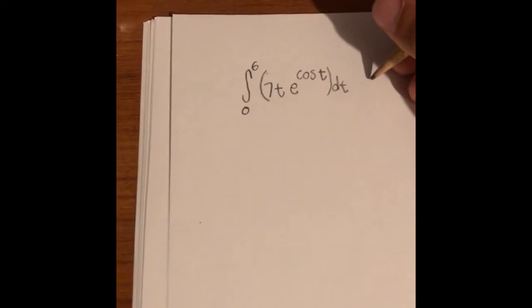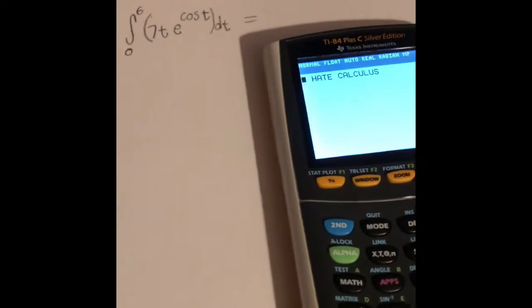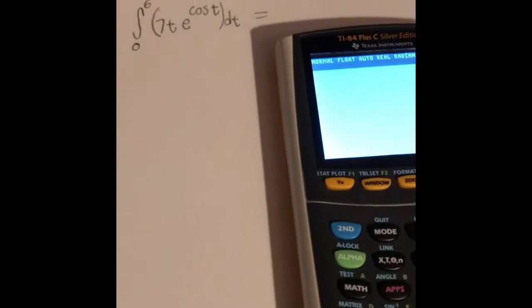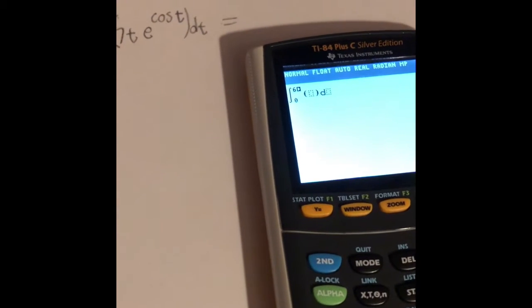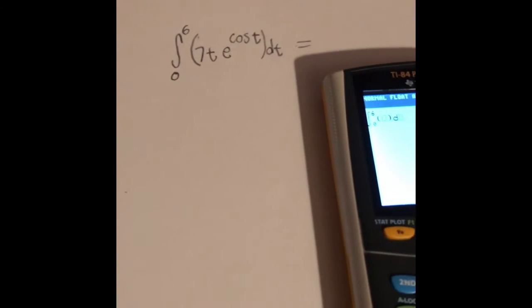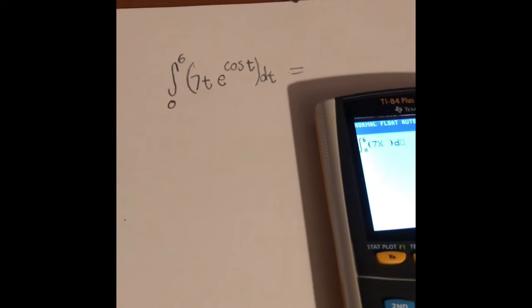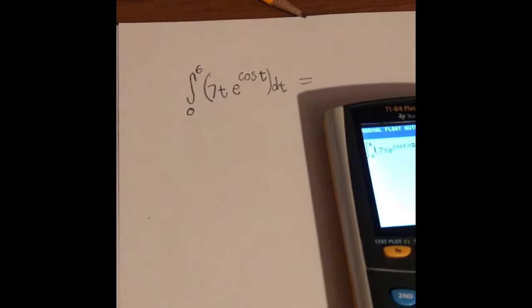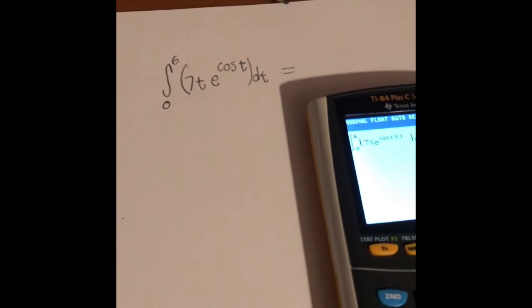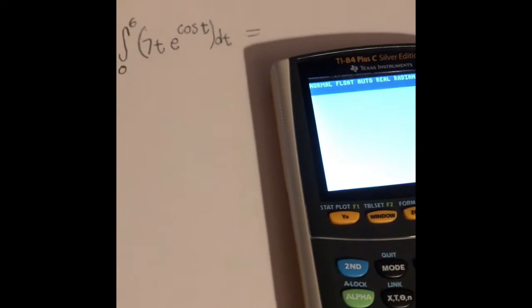And since this is a calculator problem, we put in math 9. Our boundaries are 0 to 6. And then we can plug in our f of t, which is 7x e to the 2 cosine x dx.